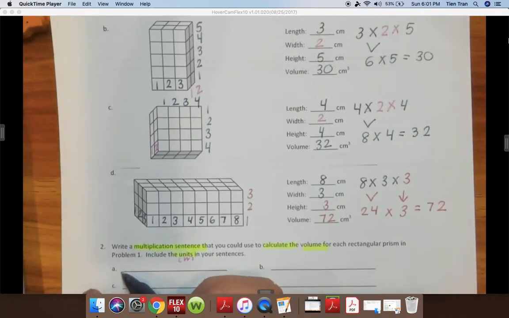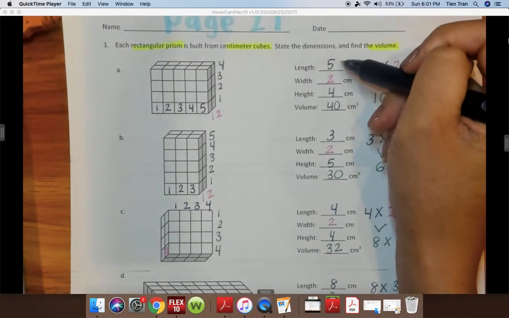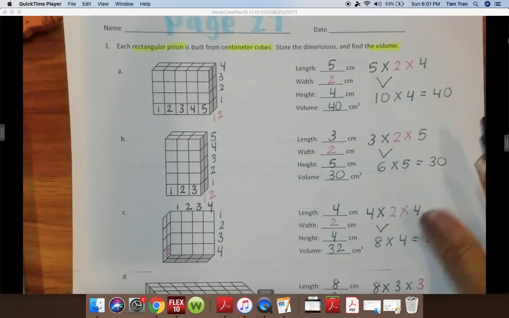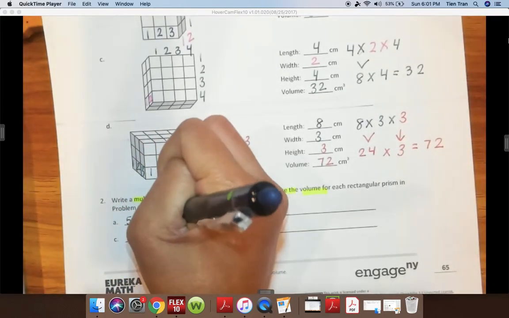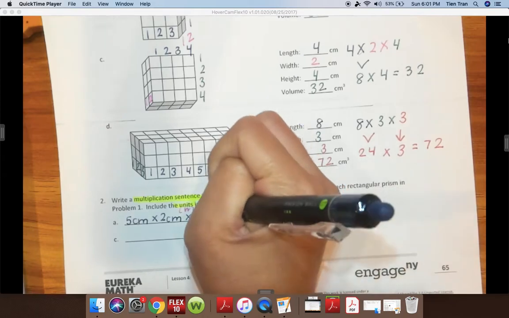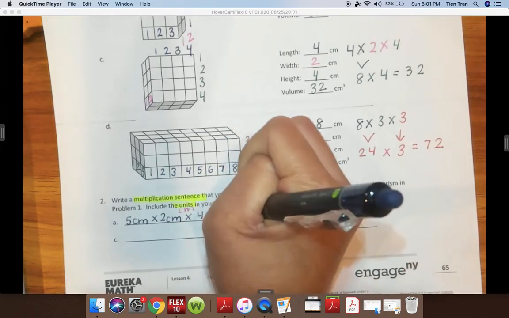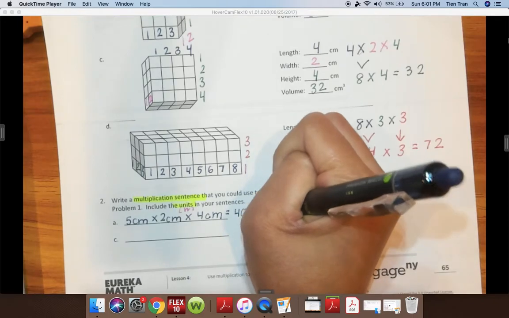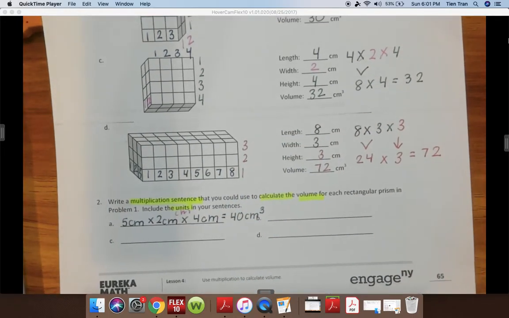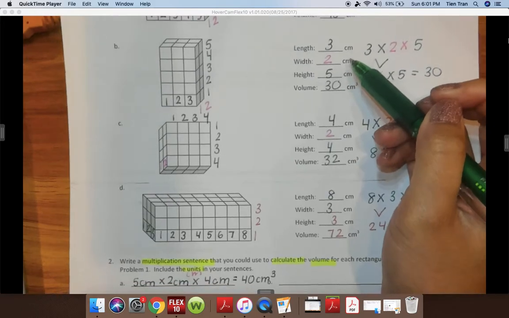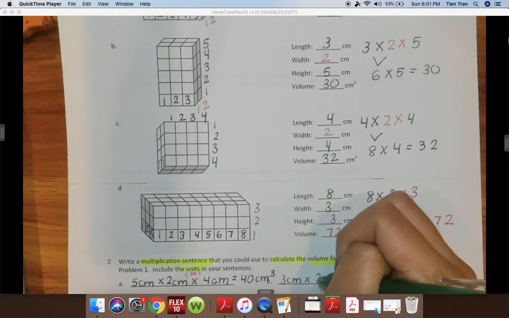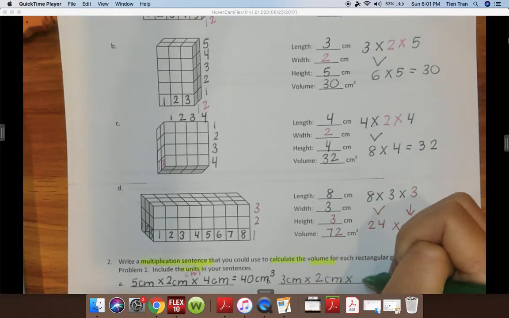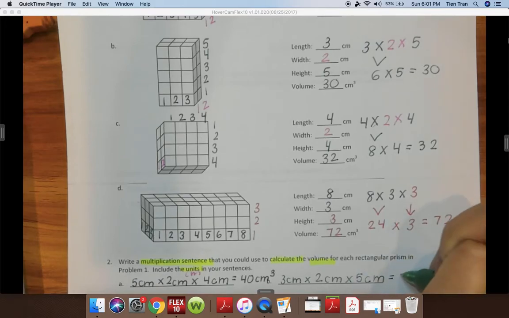Going to do A. A, I'm going to show you right here, is 5 times 2 times 4, right? So I'm going to do the same thing. 5 centimeters times 2 centimeters times 4 centimeters is equal to 40 centimeters cubed. And then problem B is right here. So I'm going to write 3 centimeters times 2 centimeters times 5 centimeters is equal to 30 centimeters cubed.